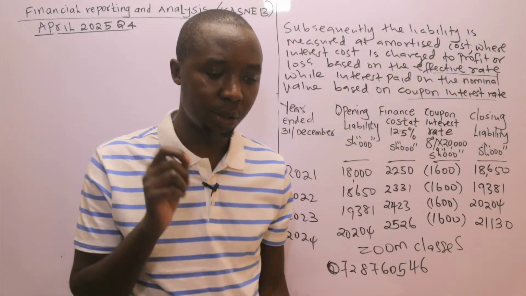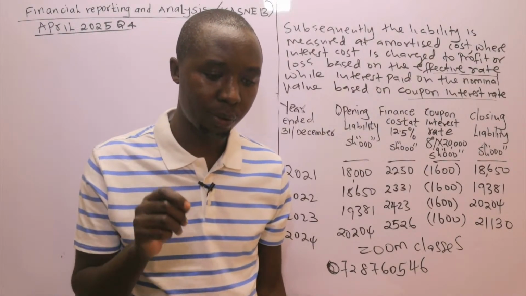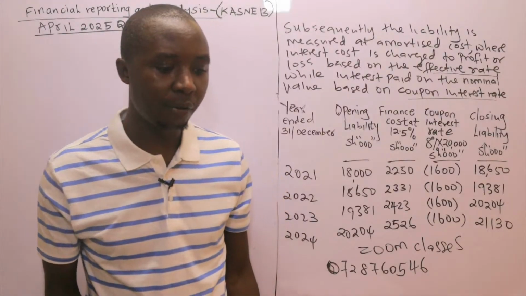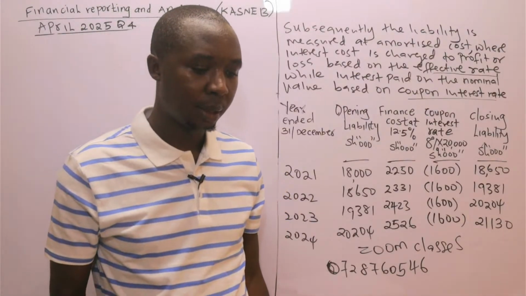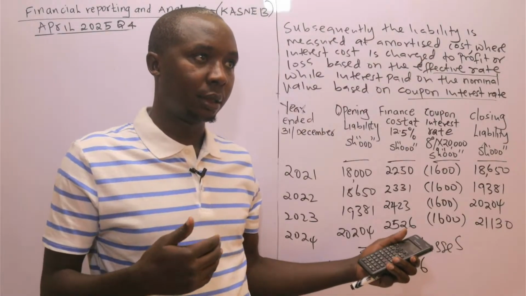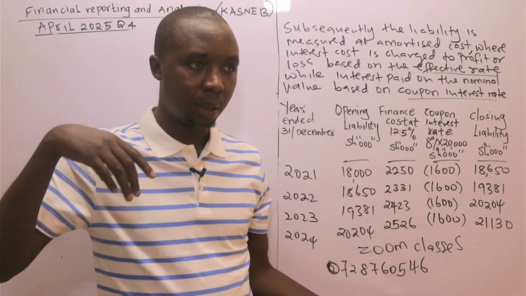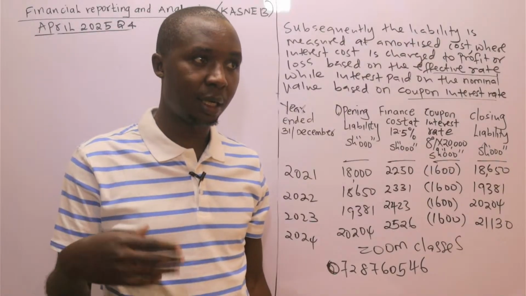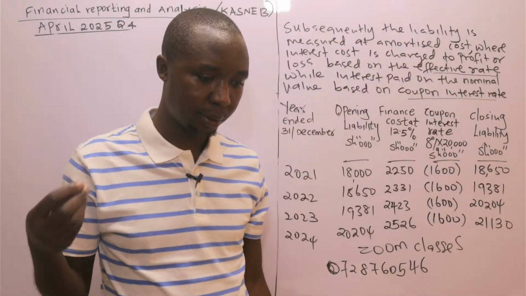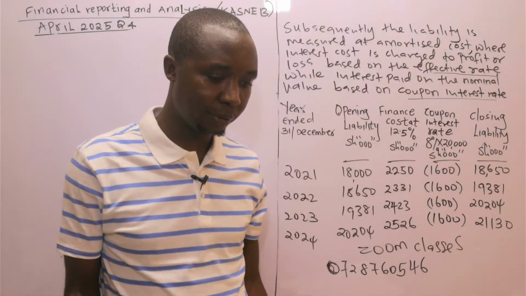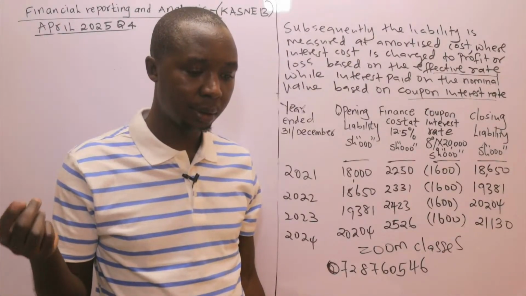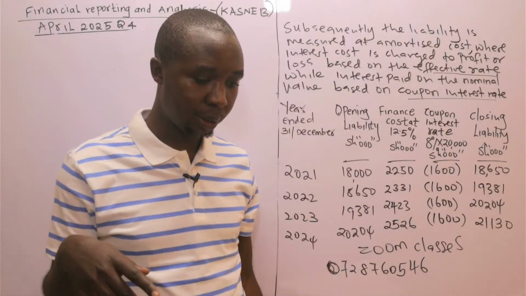The following trial balance was extracted from the books for the scheme as at 31st December 2024. So you have normal contributions. Remember that both the employer and the employees will contribute to the scheme, so that at the end of your period in that company, you'll be able to get benefits.